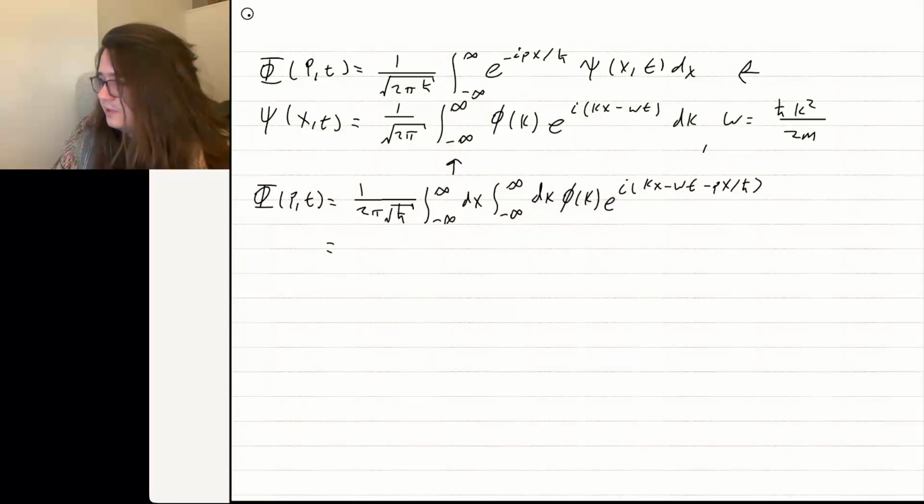Now there's nothing saying that we can't reorder the integrals, so we're going to do that because the x integral is actually possible since we know what everything that depends on x is. The only thing we don't know what depends on k is phi of k, so we can just pull it out.